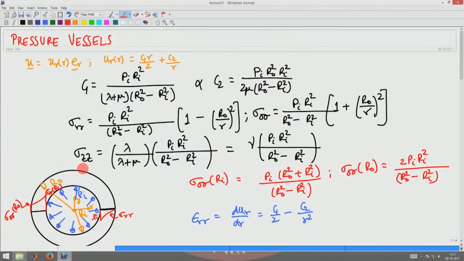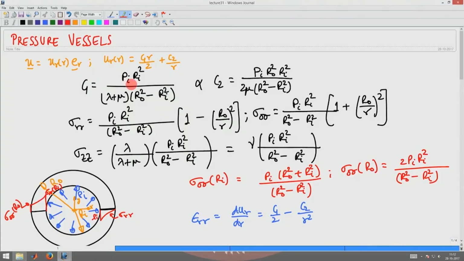In particular, in this problem we had pressure applied at the inner surface and no pressure applied at the outer surface. So, sigma rr at Ri, the inner surface, must be equal to minus Pi, the applied pressure at the inner surface, and sigma rr at R naught must be equal to 0, since no pressure is applied at the outer surface. From that condition, we found what C1 and C2 are.